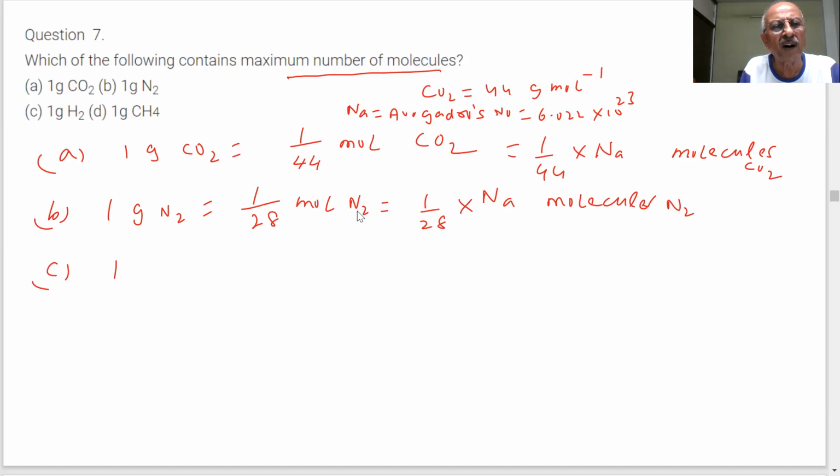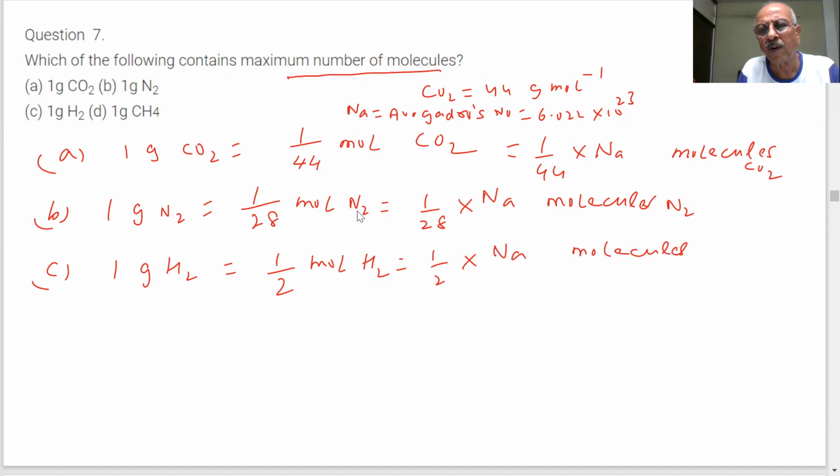C, 1 gram H2 means how much? 1 by 2 mole H2, 1 by 2 into Na molecules of H2.